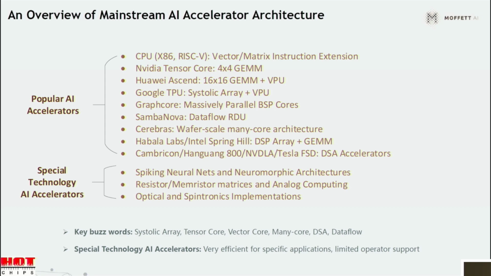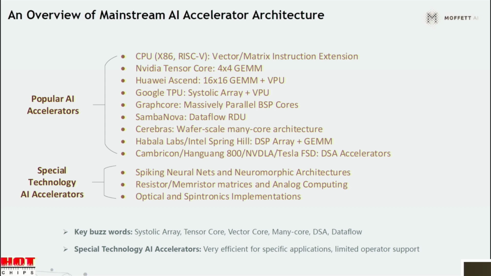Habana Labs and Intel are based on a DSP array and GEMM unit, and they don't support sparsity. There are other DSA accelerators like Cambricon, Hanguang 800 from Alibaba, NVDLA, and the Tesla FSD. They don't support sparsity, but they are DSA accelerators.